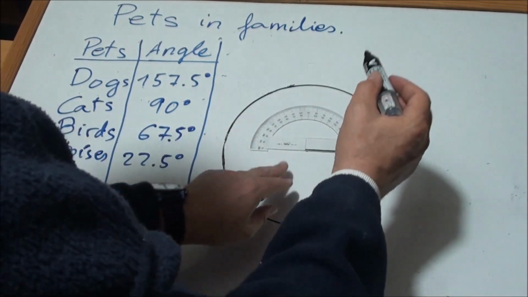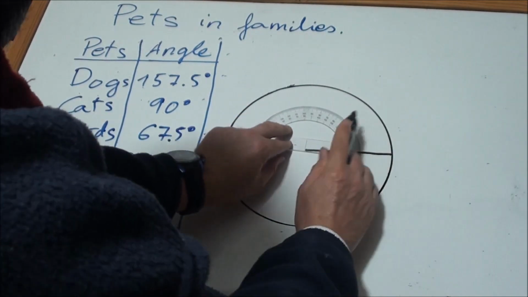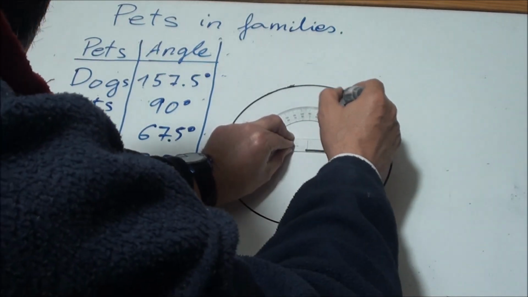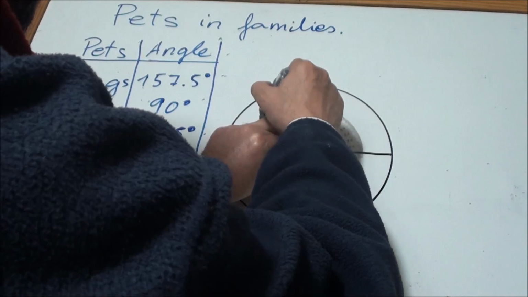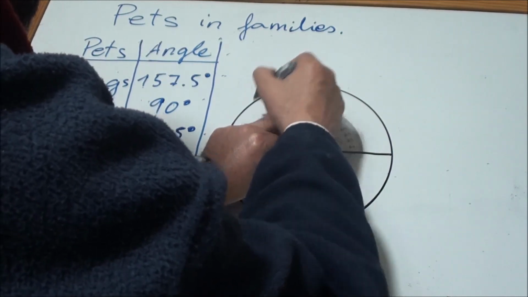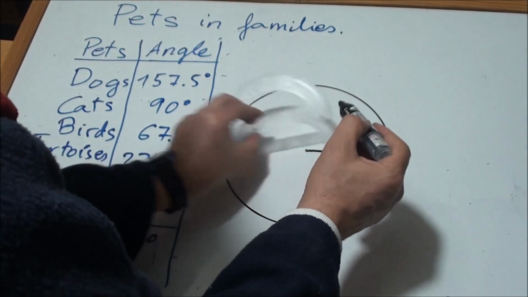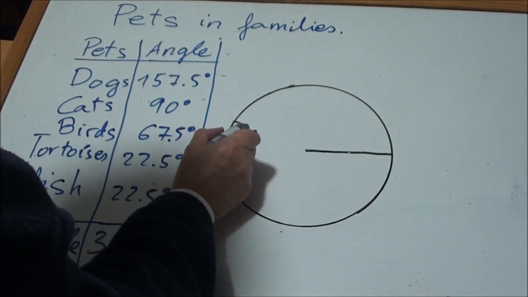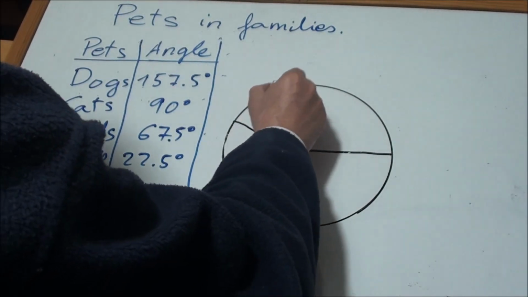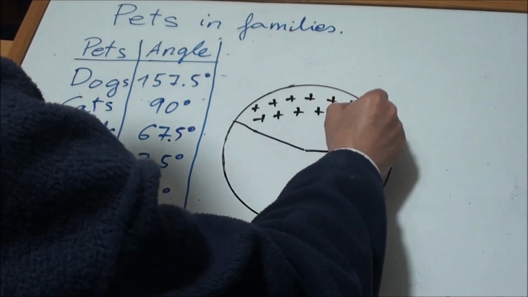We all know how to use a protractor, we do this in primary. So 157, more or less, it would be here. So this would be dogs.